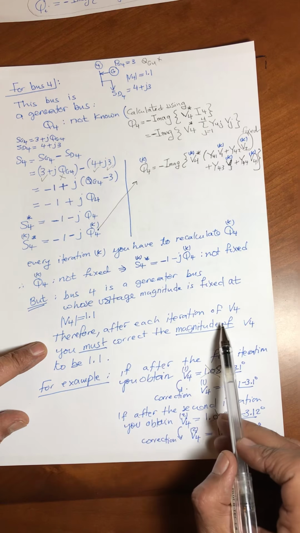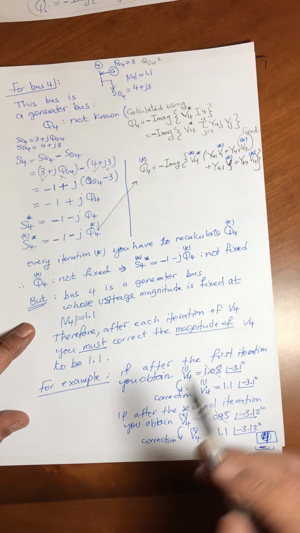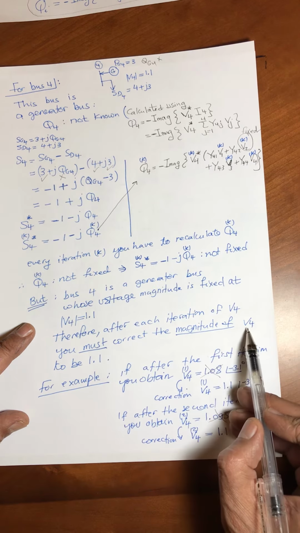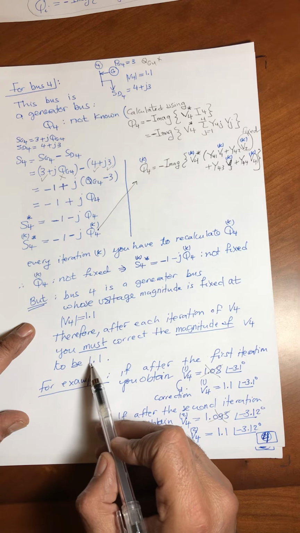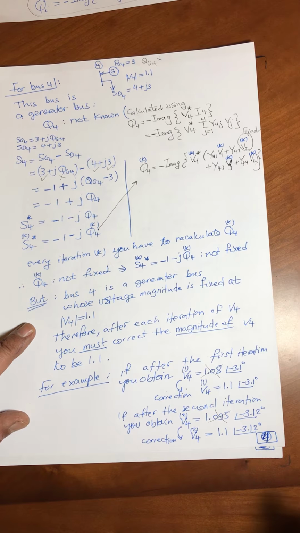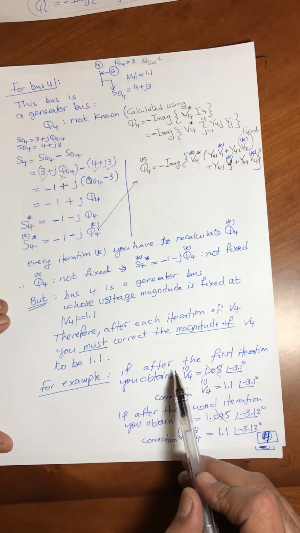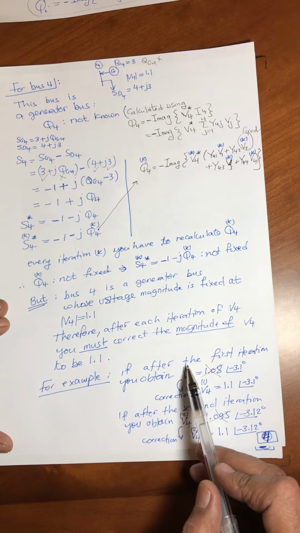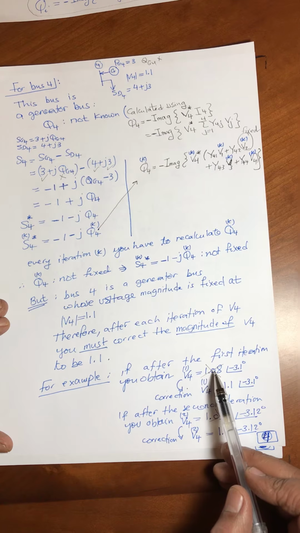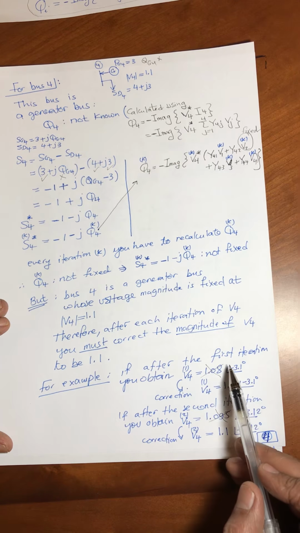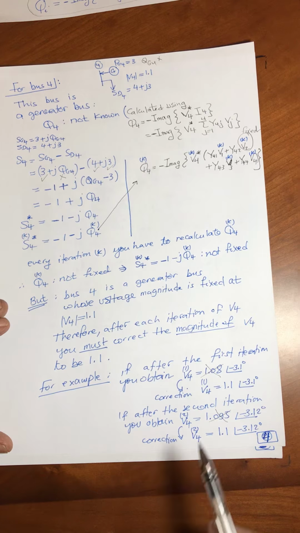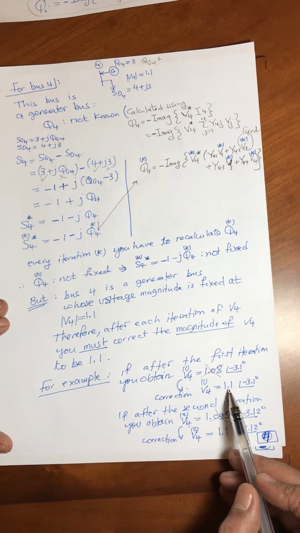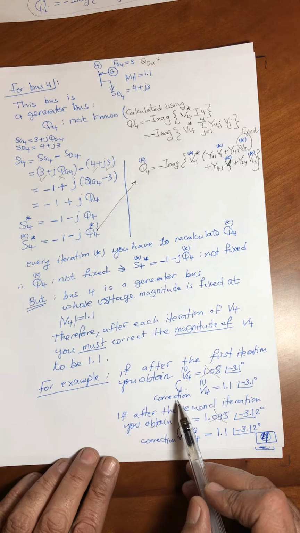Therefore, after each iteration of V4, you must correct the magnitude of V4 to be 1.1. Example, if after the first iteration you obtained V4 of iteration 1 equals 1.08 and the angle minus 3.1, then you have to replace the 1.08 with 1.1. This is called correction.